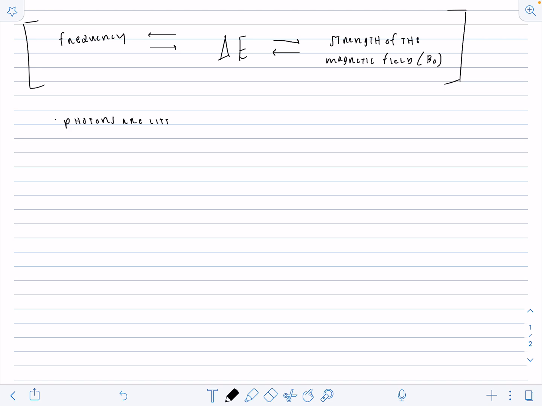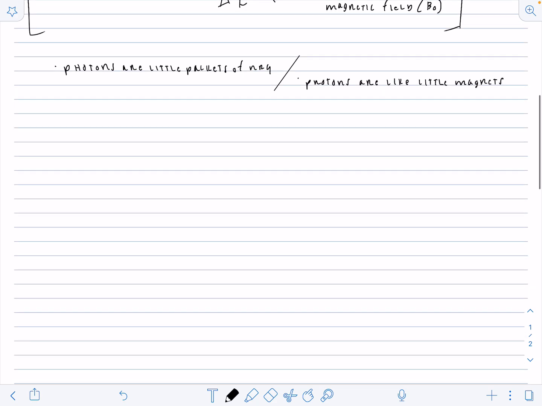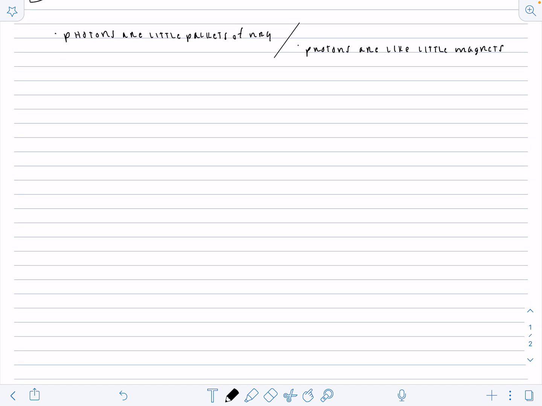are little packets of energy. Energy is important. And protons are like little magnets. That's what my teacher says. So keep that in mind. And the kind of spectroscopy that we're going to talk about today is NMR spectroscopy.